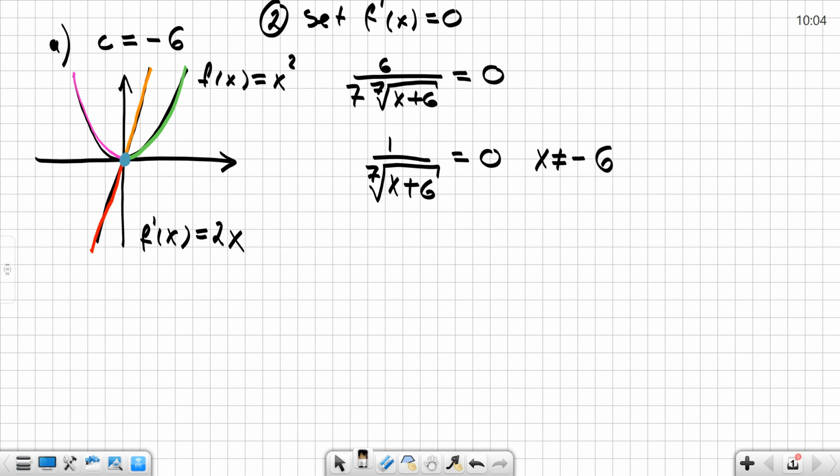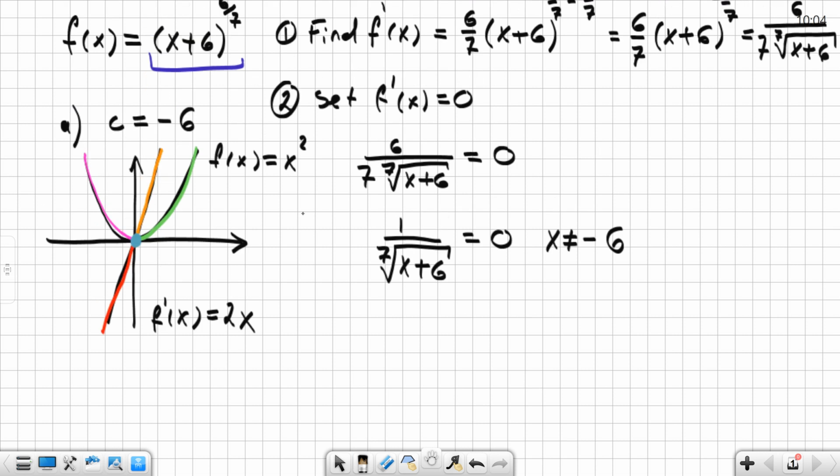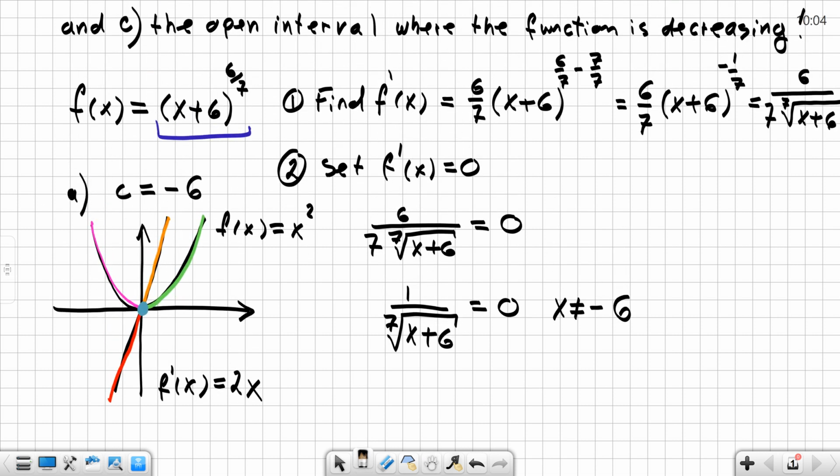In order for me to find out where the graph of my original function is increasing and decreasing, I am just going to have to pick a value to the left of -6 and to the right of -6, substitute these values into my derivative, and see whether these numbers spit out negative values or positive values.